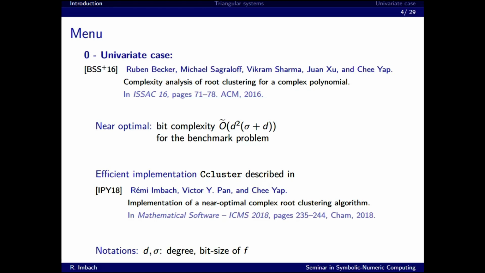So the talk begins with the fact that the local clustering problem for the univariate case has been solved with an algorithm proposed in this paper, and it's been solved in a near optimal way, meaning that the bit complexity is close to the best one could expect for polynomials with integer coefficients.